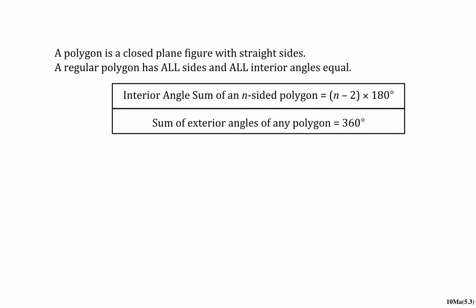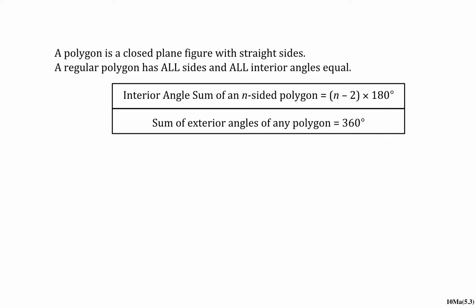Now there are 2 formulas that we need to remember for polygons, and here's our first one. All of the inside angles of a polygon with n sides add up to the number of sides take away 2, times 180. As an example, let's say we had a 10-sided shape.